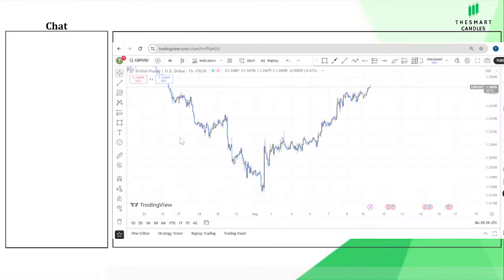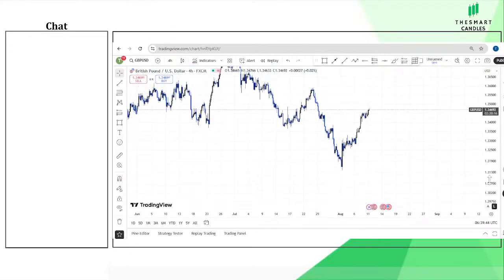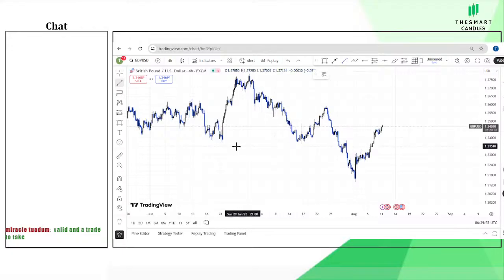So let's look at 4 hours to actually see what the 4 hours is doing. From the 4 hour price action, you can also see we had been bearish. Okay, we had this sweep at this point on 4 hours.